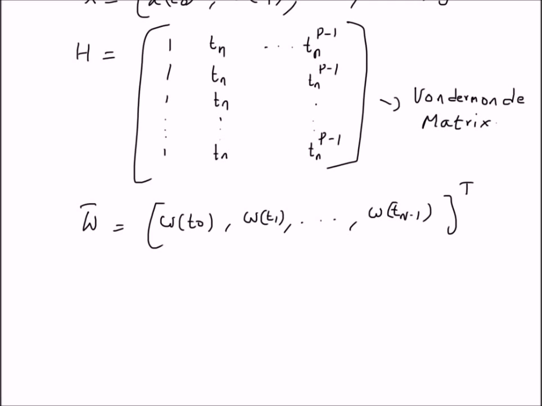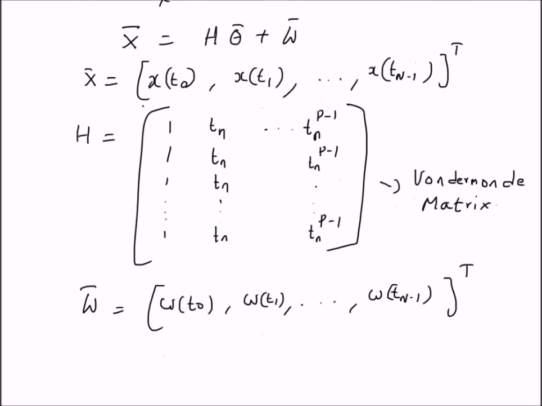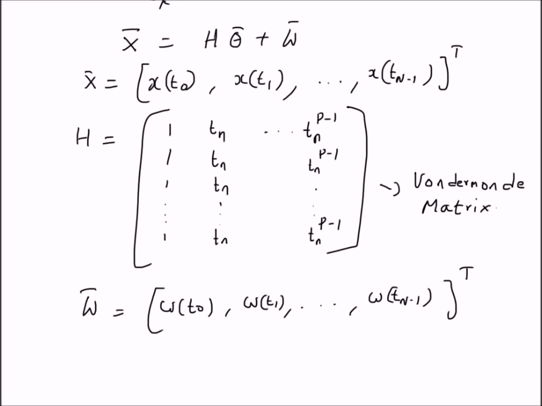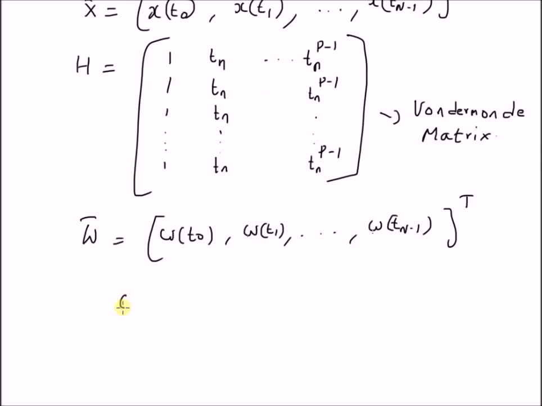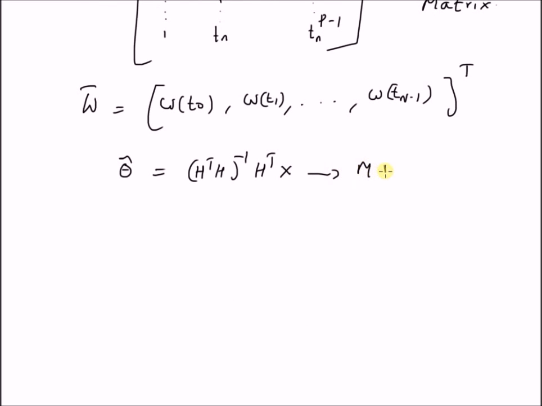Once we have converted the observational model to a linear representation, then the parameter estimator theta hat is clearly given by the minimum variance unbiased estimator (h transpose h) inverse h transpose x, that is the solution. So this is the optimal estimator in the sense that it is the minimum variance unbiased estimator of the parameter vector theta bar.